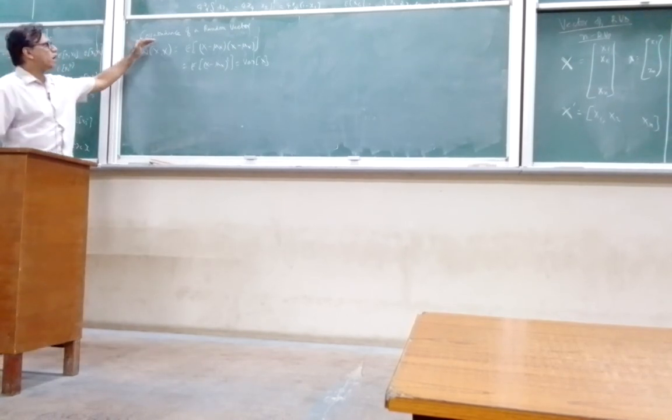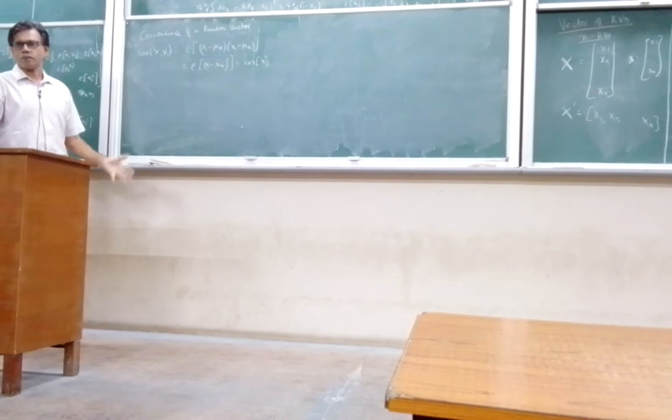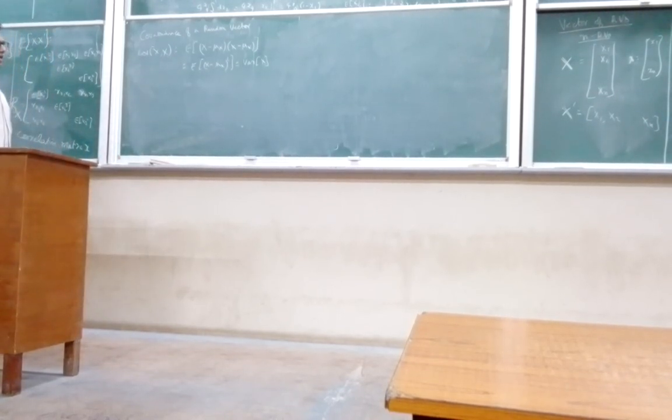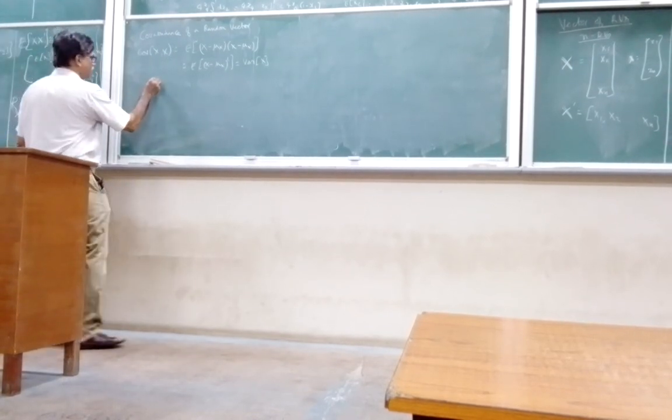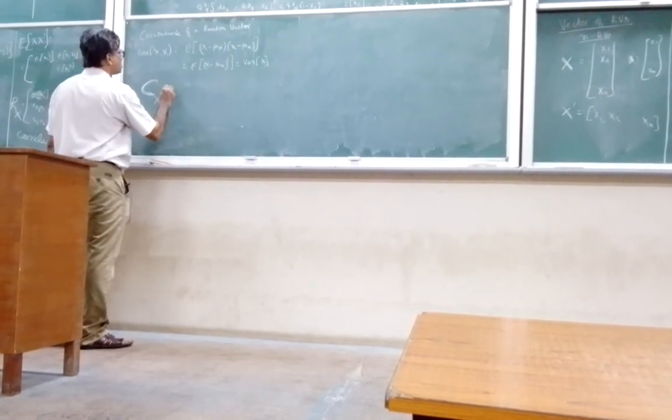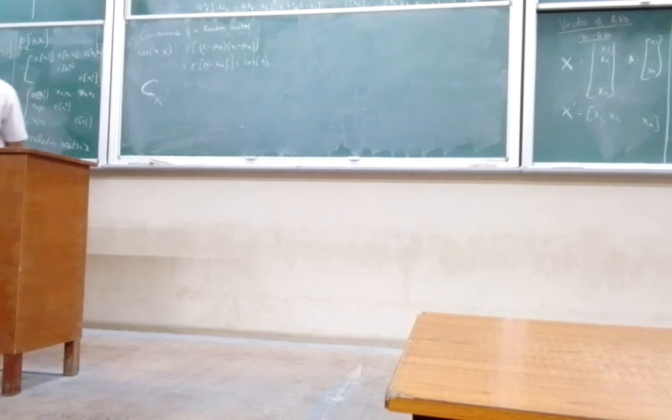That is what we mean by a covariance of a random vector. Okay, we can use some symbol C of x for covariance. So, how should we define it?